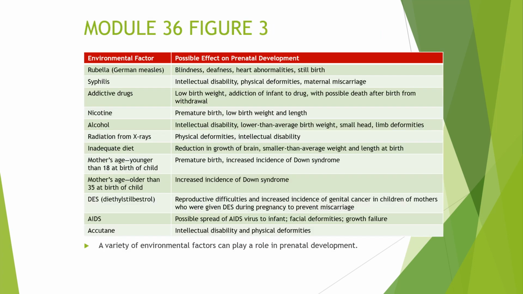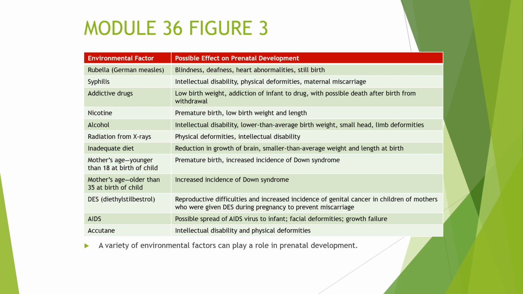This is figure 3 in your textbook, and you can find it at the top of page 382. It shows various environmental factors and their possible effects on prenatal development. So rubella, or German measles, if the mother contracts that, it can cause blindness and deafness, heart abnormalities, and even a stillbirth.